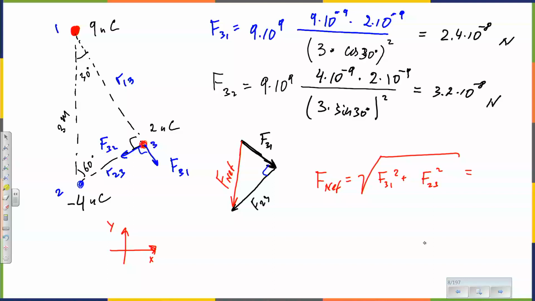And here, what we should have is the square root of 2.4 squared plus 3.2 squared. It should have the same common factor, 10 to the -8.